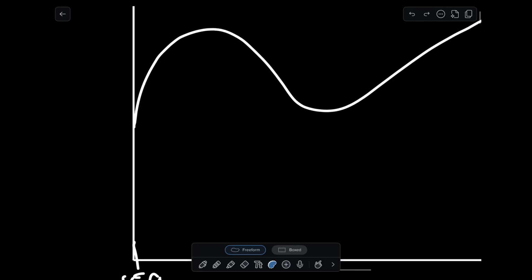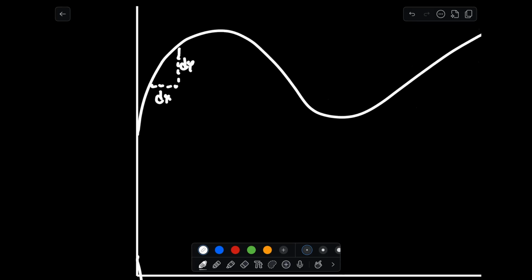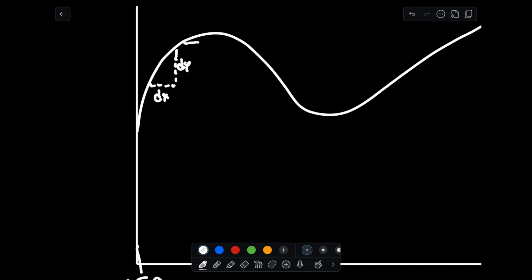Well, a nice little trick that we used in Calculus 1 was this. We have some dx and dy. These are kind of large dx's and dy's, but if you get smaller and smaller, you get the idea. We're mapping on a hypotenuse, and the smaller we go, we can solve for that.